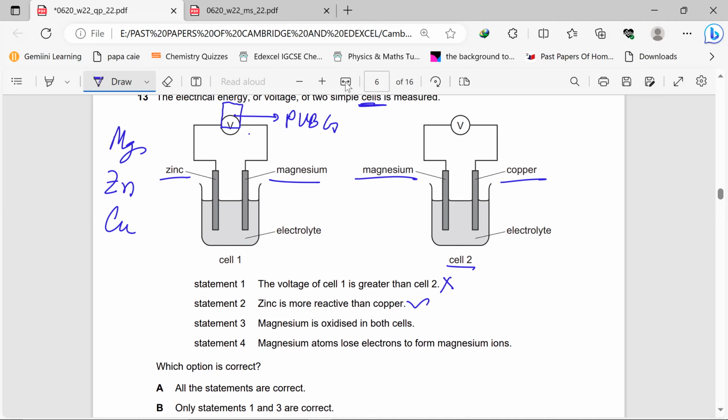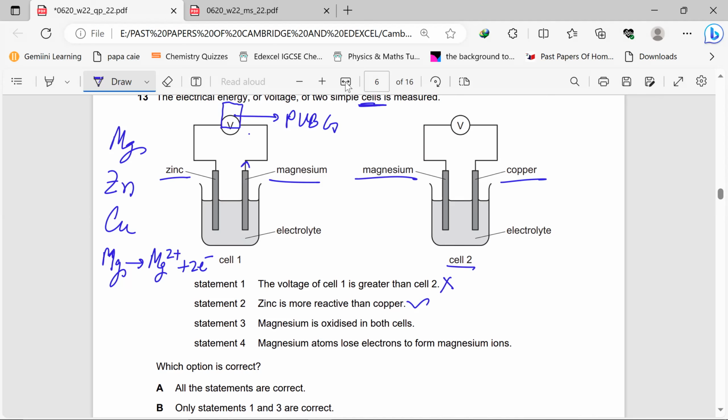So what will happen? The metal which is high in reactivity must readily lose electrons, because we know all metals lose electrons. If a metal can very readily lose electrons, it is a very reactive metal. So magnesium will readily form a 2 plus ion and will discharge 2 electrons.